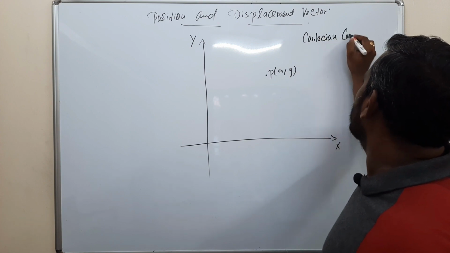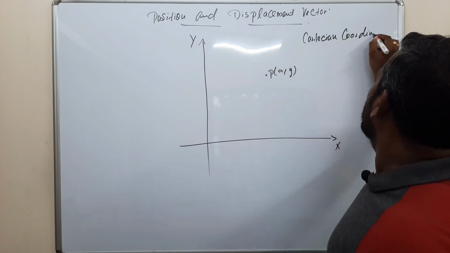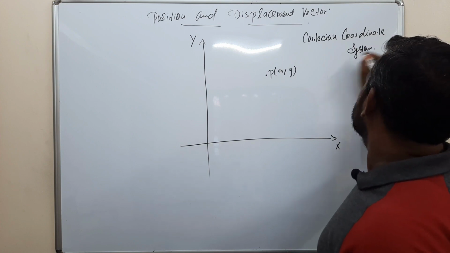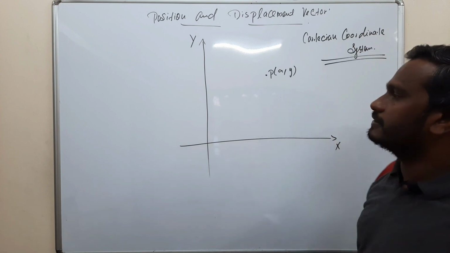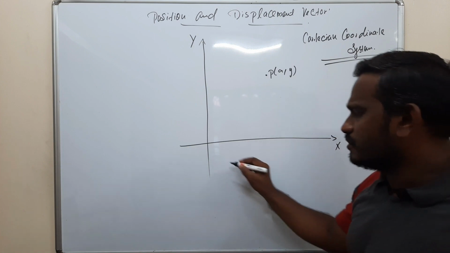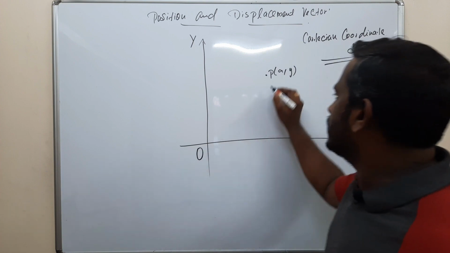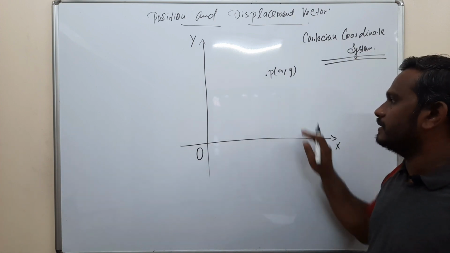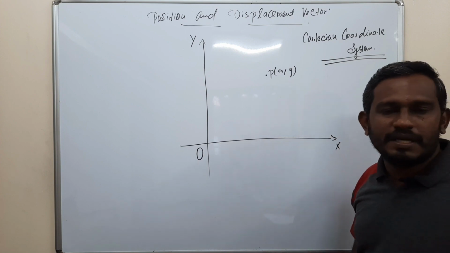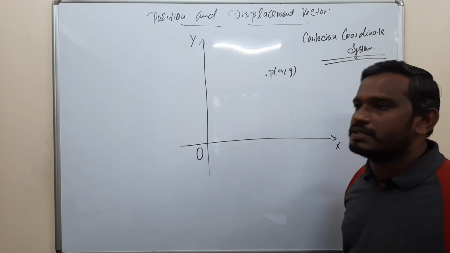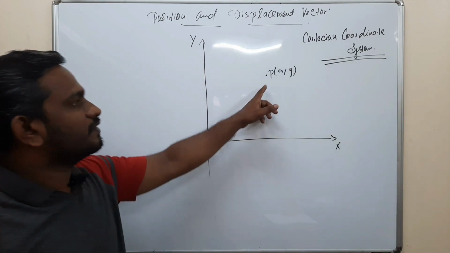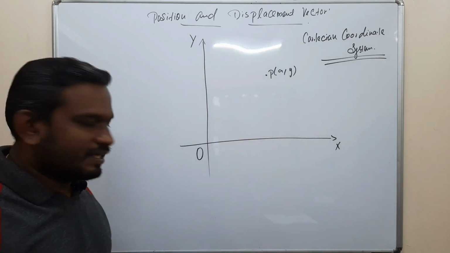Cartesian coordinate system. So this is the origin. P is an object at a certain place, so the position of the object is represented by P of x comma y, in terms of x and y coordinate distances.